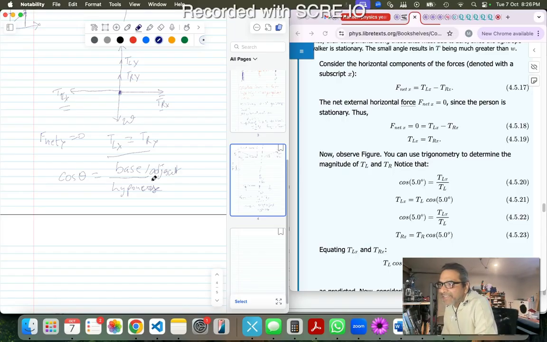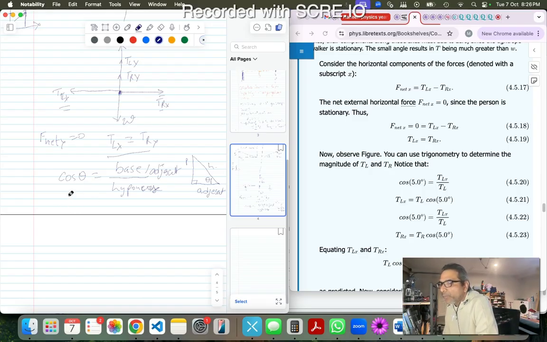I'm just mentioning a normal right angle triangle. If this is theta, and this is 90 degrees, this is going to be the adjacent, this is the perpendicular one, and this is our hypotenuse. Cos theta is base or adjacent over hypotenuse.